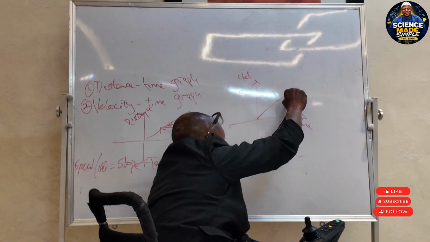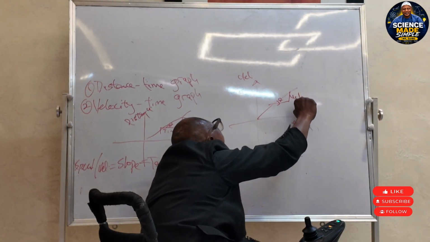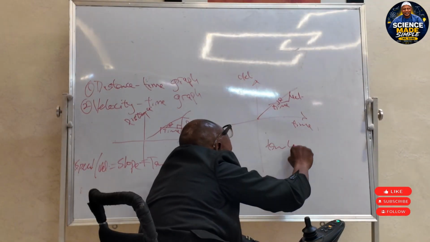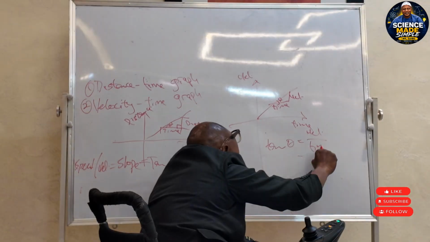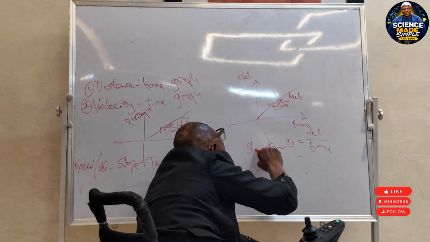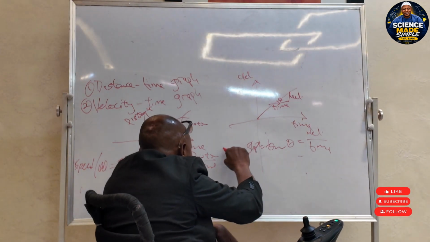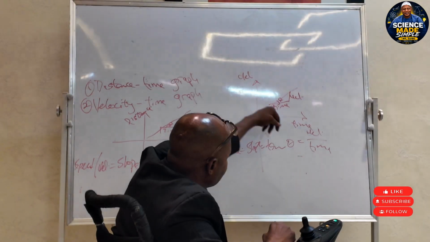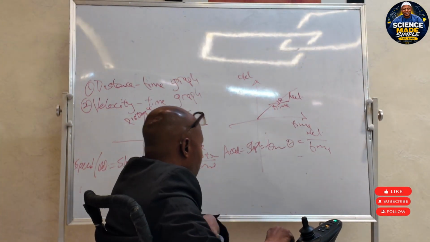Calculating the slope of the graph, tan theta is velocity over time, which is also your slope. The quantity that is calculated as velocity over time is acceleration. That means from your velocity time graph, you can get the acceleration of the body.